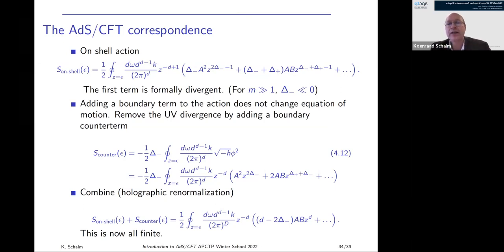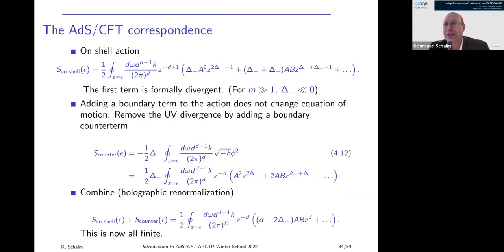Near the boundary, to be careful, I have not immediately taken the boundary value where Z is 0, but first put it at a small value epsilon. At the end of the day, I'm going to take epsilon to 0.